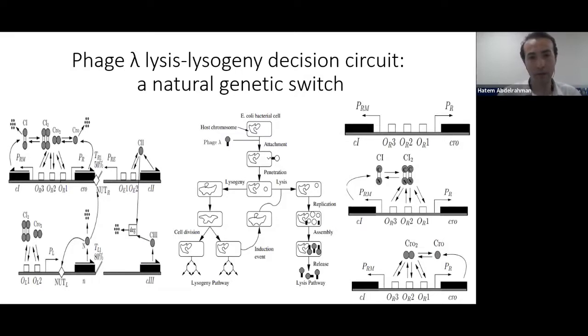So we have a genetic switch encoded in the phage genome that enables it to make a decision whether to go for lysis or lysogeny. This decision circuit is encoded by transcriptional repressors, and they sense signals like the state of growth, the state of the host, and also the temperature, to decide whether to make lysis or lysogeny. This is an example of a natural genetic circuit that makes decisions.